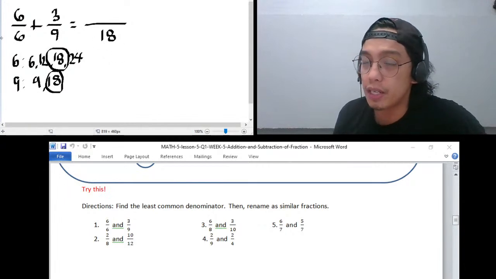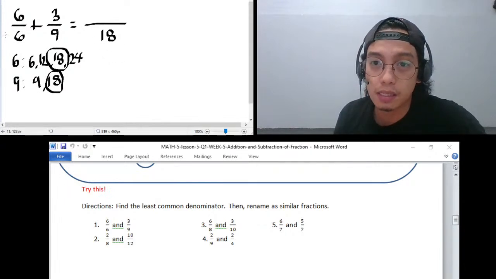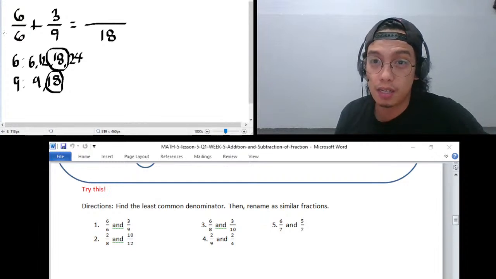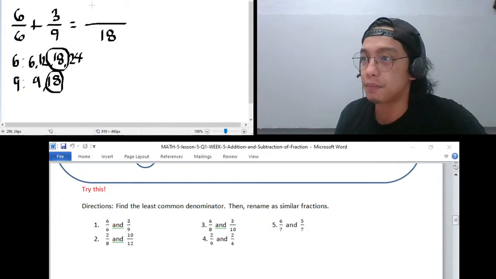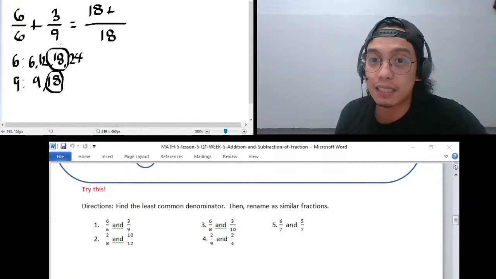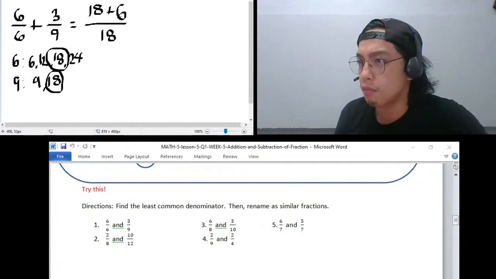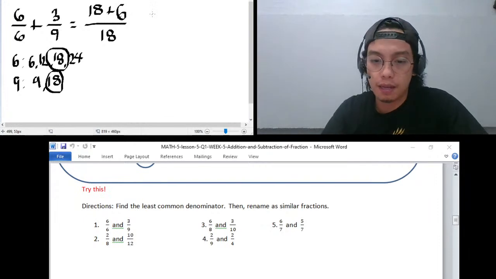18 divided by 6 is 3 times 6 is 18. Okay, plus 18 divided by 9 is 2 times 3 is 6. I'll just try to verify that.